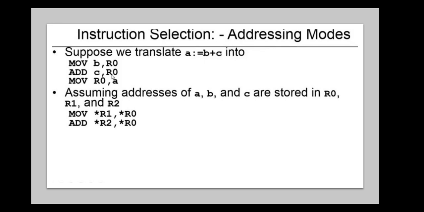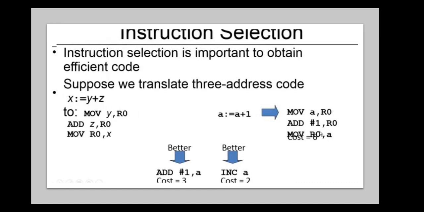Then the value will be stored in a, with move R0, a. This is one of the things that happens. Instruction selection is important to obtain efficient code.